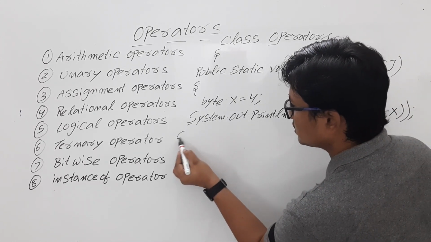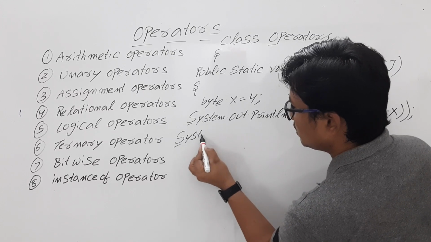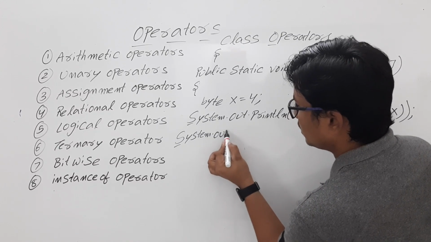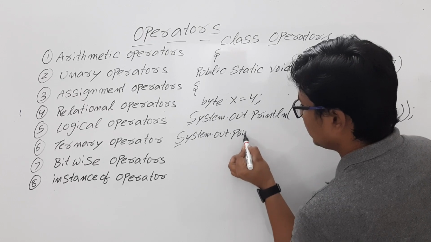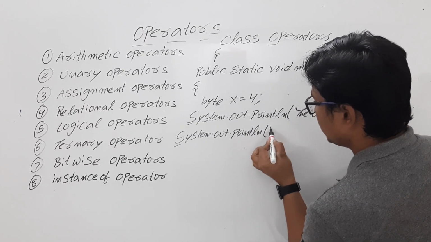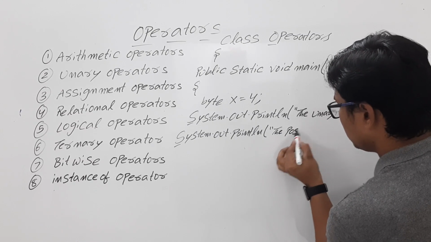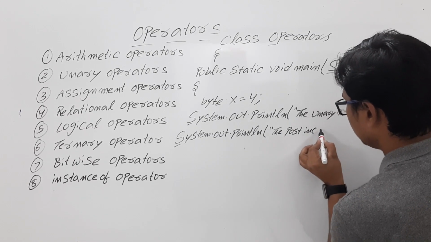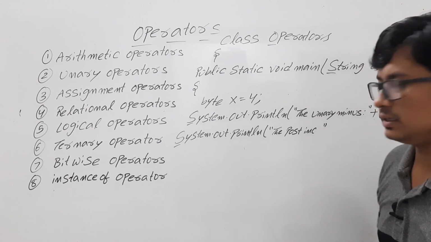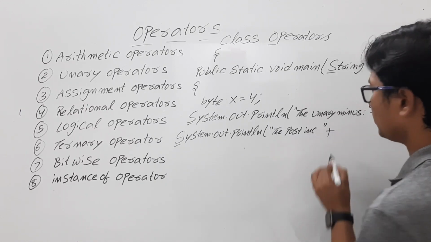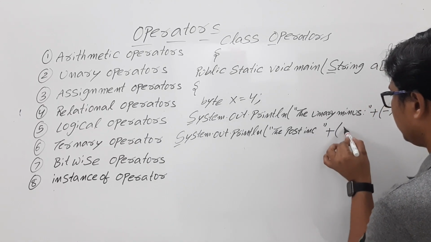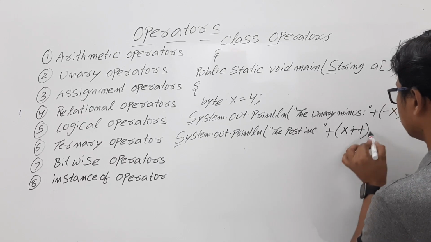Similarly, if you write system.out.println the post increment, I will write shortcut inc. I will perform the concatenation and I will write here x plus plus.